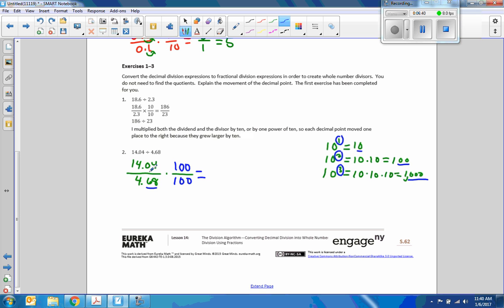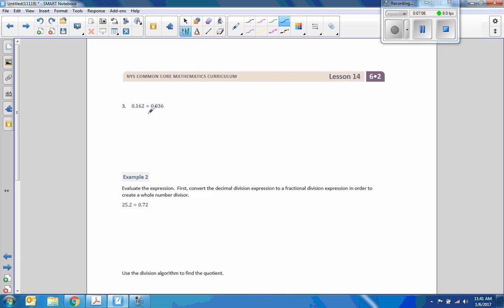Multiplying by 100 moves the decimal 2 places, and I get 1,404. Move the decimal 2 places, and I get 468. So now my answer is 1,404 divided by 468. And they said do not divide. Okay? Let's try that again.